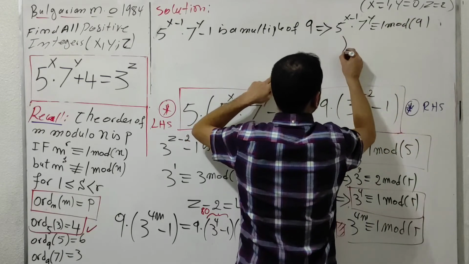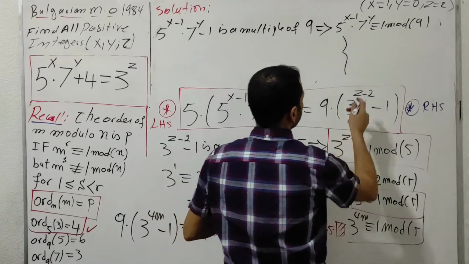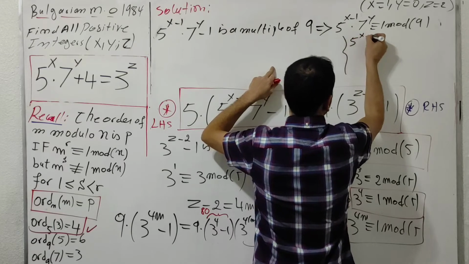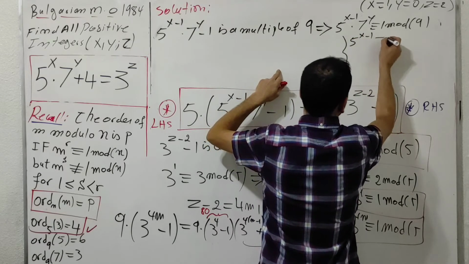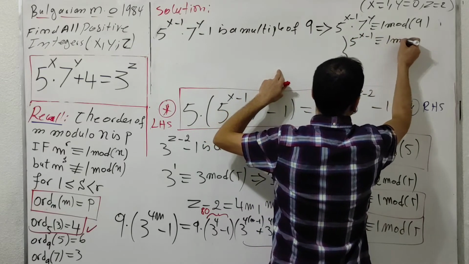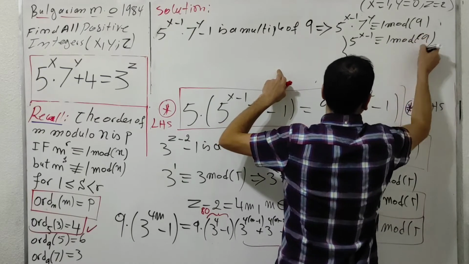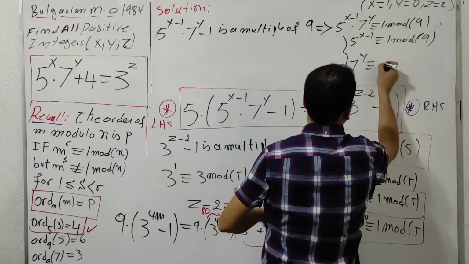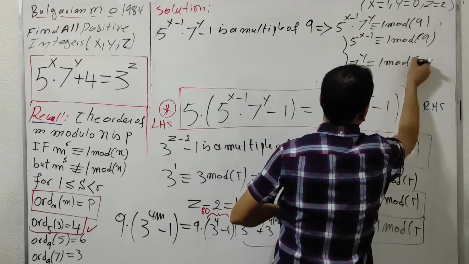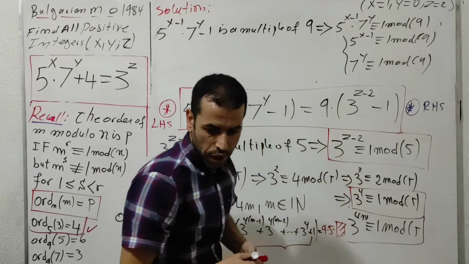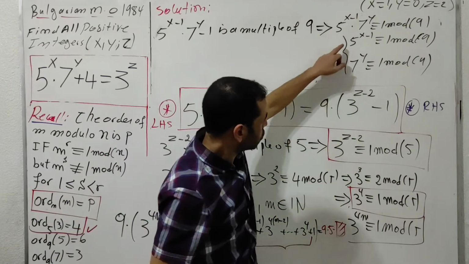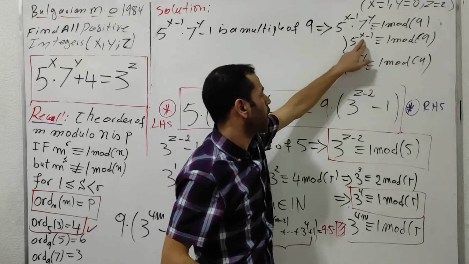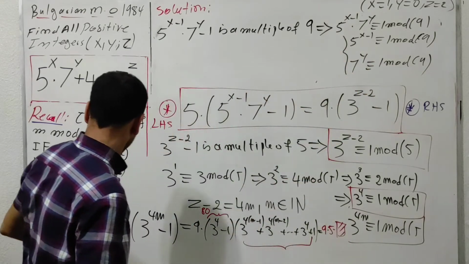Let's express this as two different statements. I will have 5 to the x minus 1 is congruent to 1 mod 9, and also 7 to the y is congruent to 1 mod 9. Now we are going to find both exponents, x minus 1 and y, by using the order notion.